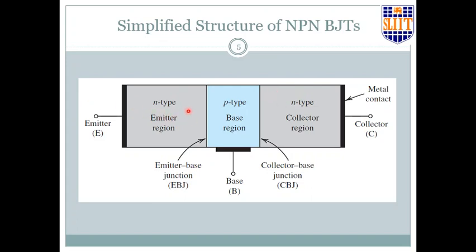The junction between the emitter and the base is called the emitter base junction, or EB junction, BE junction, whatever it is. The junction between the base and the collector is called the collector base junction, or CB or BC junction.